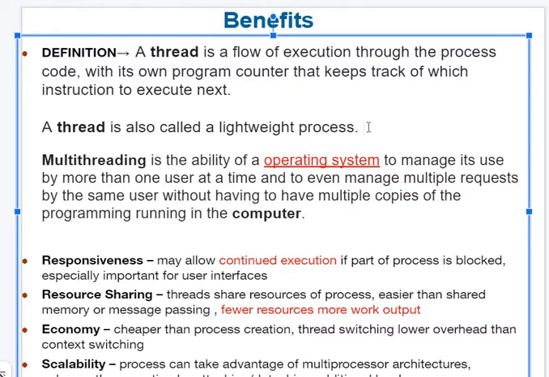A program means it's a process which is presently not executing, whereas a process means it's a task which is presently executing. Now, is it possible to subdivide a process into smaller parts? If yes, those are called threads. It's a very small process, a lightweight process. Coming back to the definition, a thread is a flow of execution.